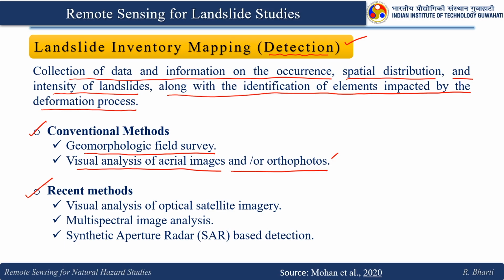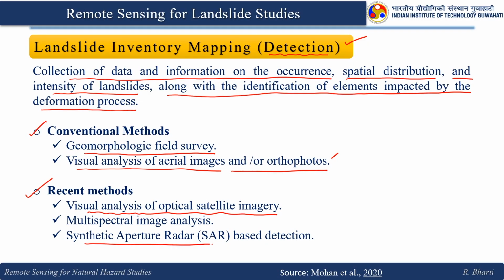Then comes the recent method. So now what we are doing? We are still using visual analysis of optical remote sensing data, but now we are also incorporating the multispectral, hyperspectral and synthetic aperture radar based data sets, right? So these will provide you the information about the landslide.